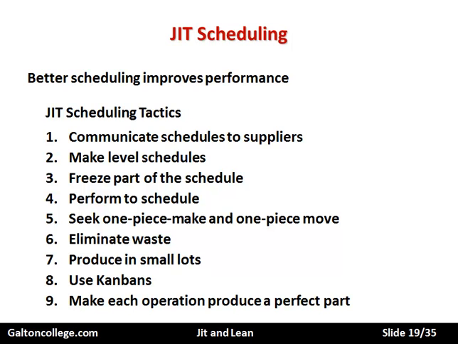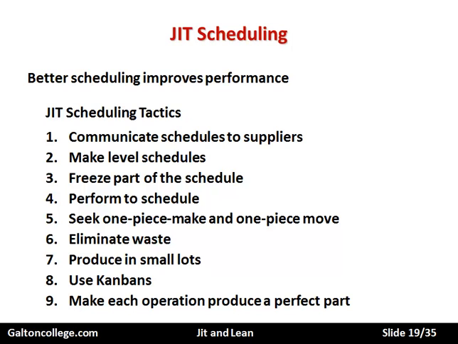Make each operation produce a perfect part. Try and monitor quality right throughout the system. Try to involve the line operators and the line management in the quality procedures, just checking to make sure everything is right. There's nothing being produced that is not required or out of sync. There's nothing obvious going on.